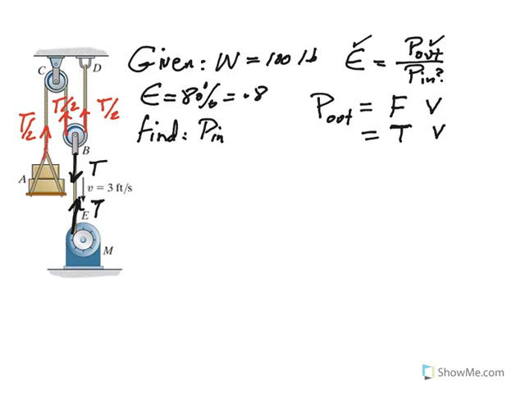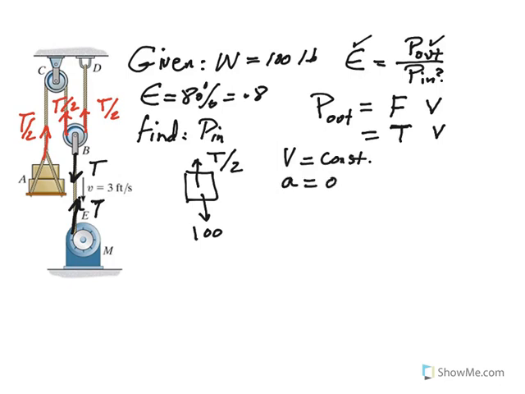If we now draw a free body diagram of this load, where the tension is T over 2 and the weight is 100 pounds, notice that the velocity is constant. So this is moving with a constant speed. If velocity is constant, the acceleration would be 0. Therefore, even though this load is moving at a constant speed, it's in equilibrium.